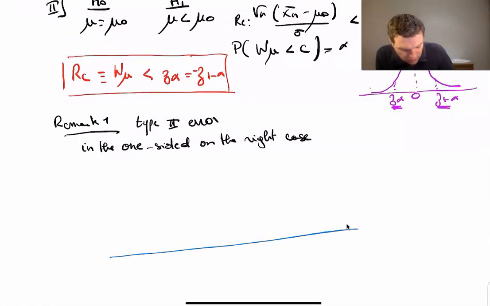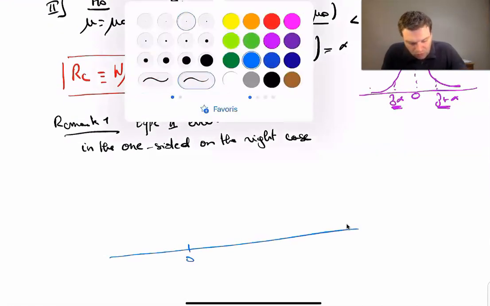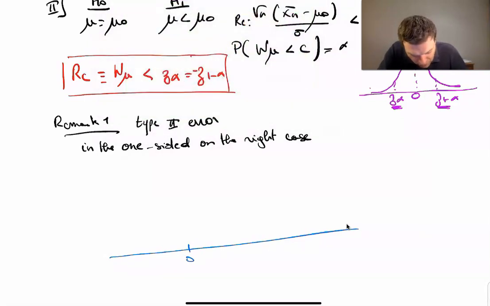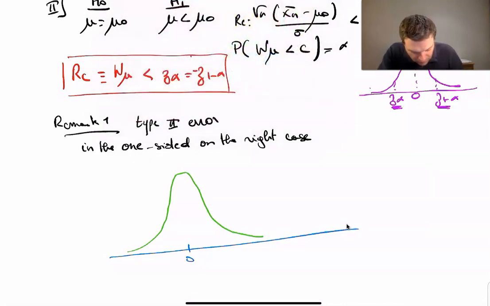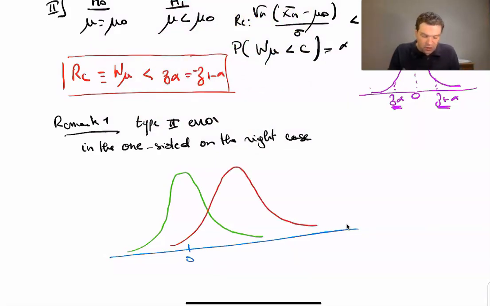You remember we have 0 here. Around 0 we have here a normal distribution. We can also draw another distribution here, let's say like this, which should be the distribution of the statistic when H1 is true, when the alternative is true, therefore for a hypothetical mu1.